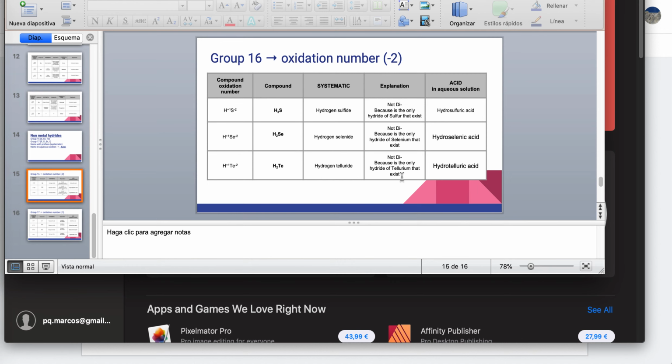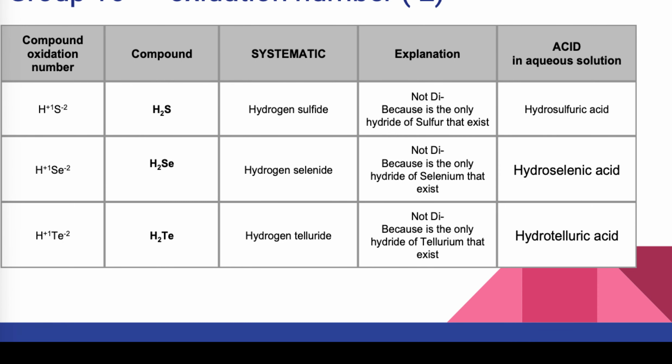Here, hydrotelluric acid. As I said, this is not hydrogen telluride, because this is the only hydride of tellurium that exists, no other option.